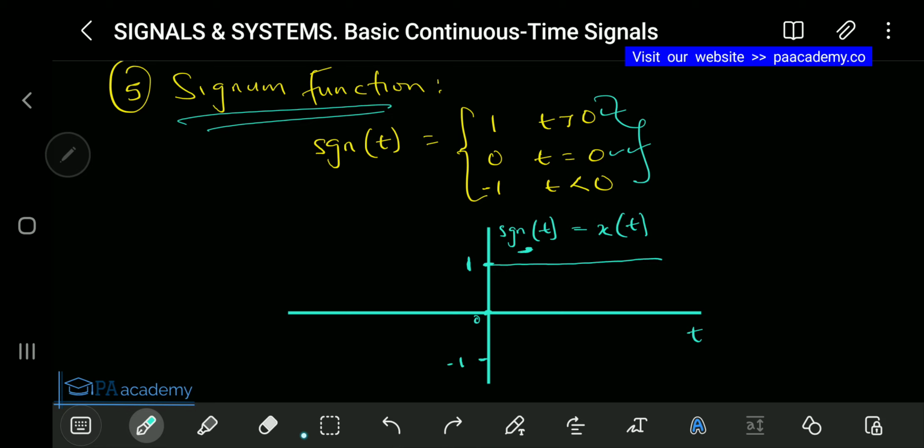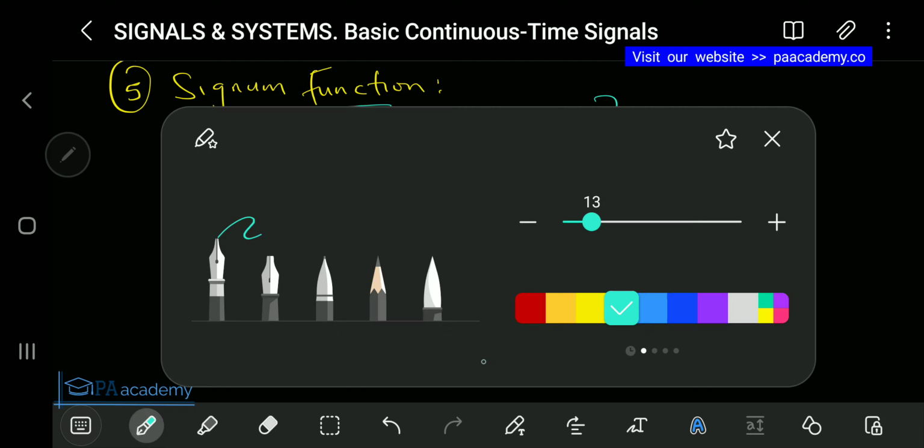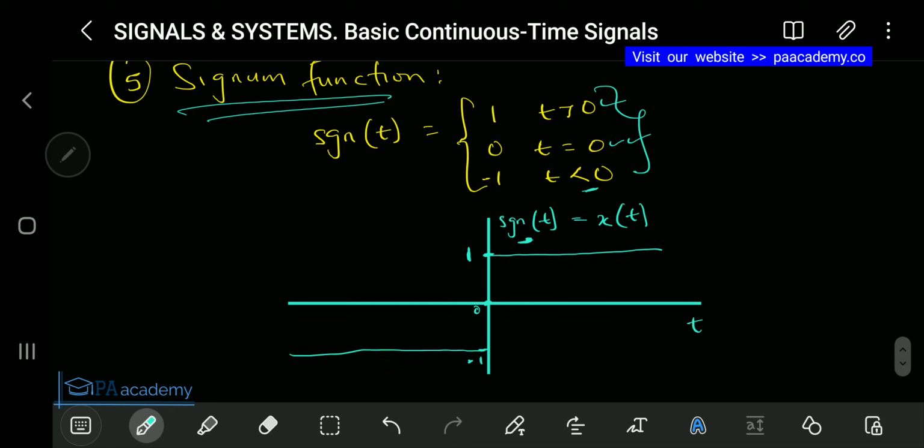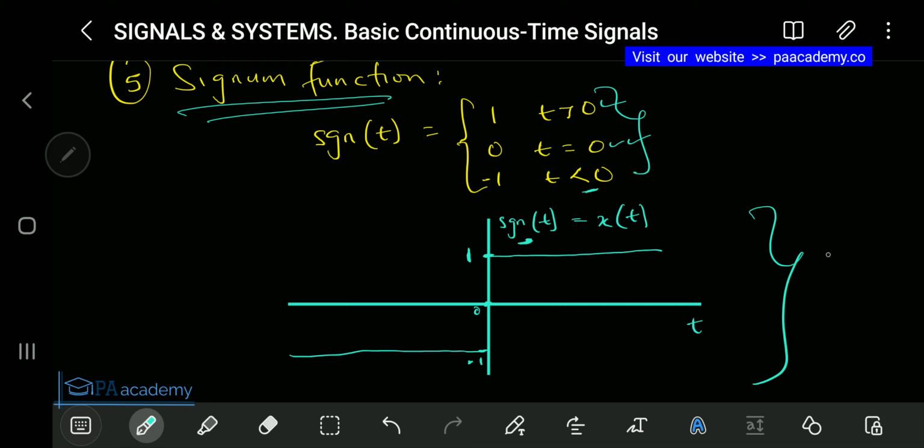Let me just bring this down a bit, so minus 1, so that we can have this line. So what we are having here is our Signum function. This is the diagram for the Signum function.